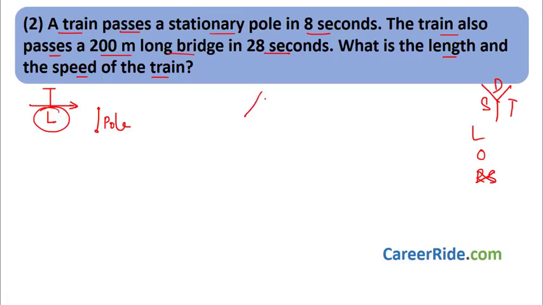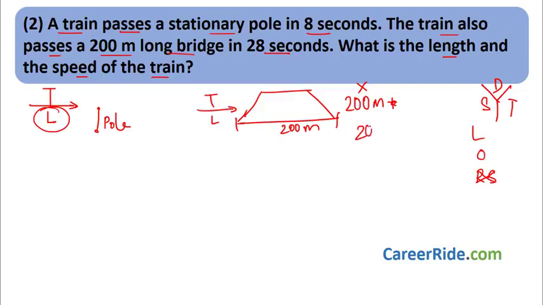Now there is a bridge, okay, and the train is passing the bridge. Now the length of the bridge is 200 meters and the length of the train is L. When passing a bridge of 200 meters, how much would be the distance traveled by the train? But obvious, 200 meters? No, wrong. It is 200 meters plus the length of the train.